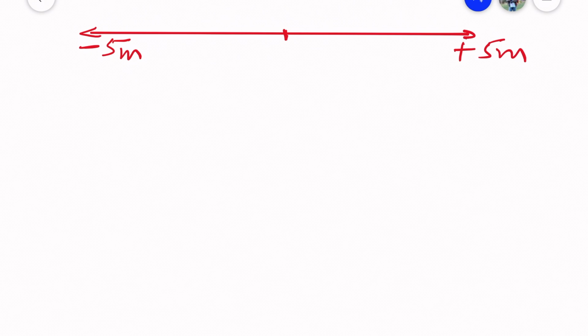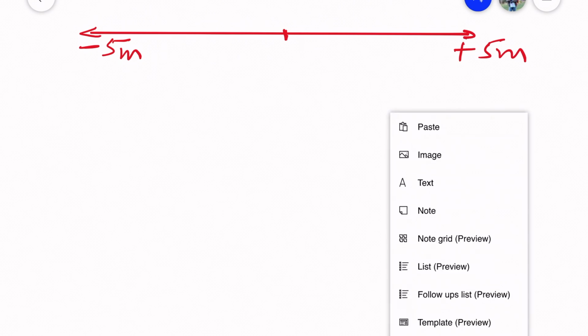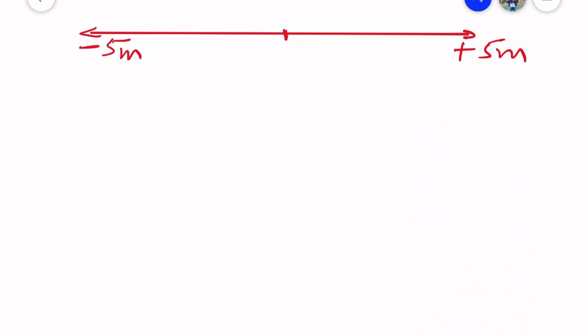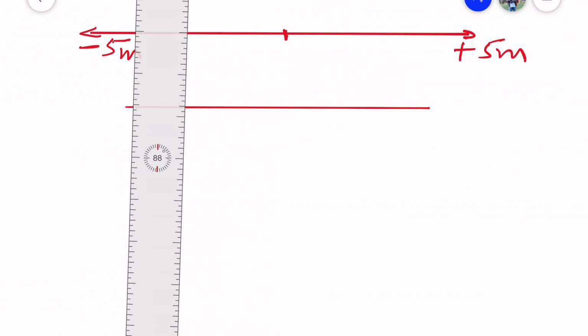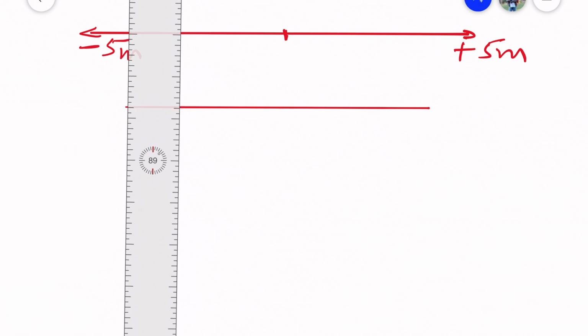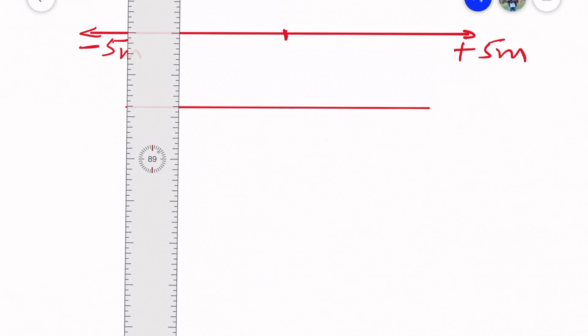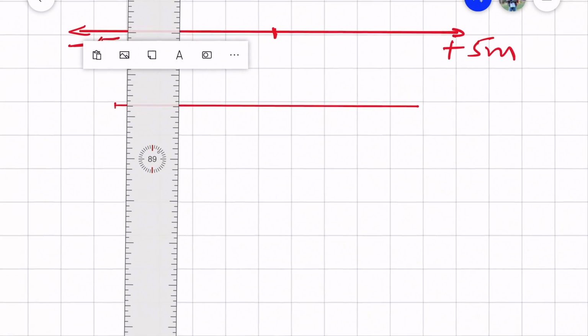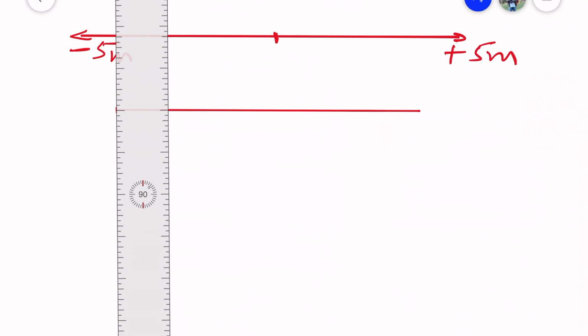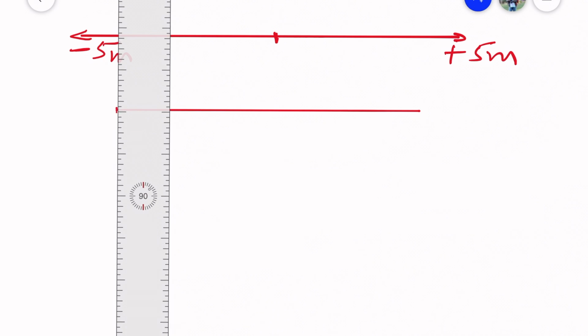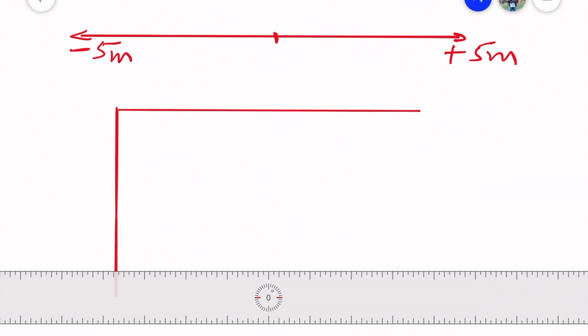Let's look at something that is in 2 dimensions. Let's draw a square or a rectangular field. Let's say this is our rectangular field.